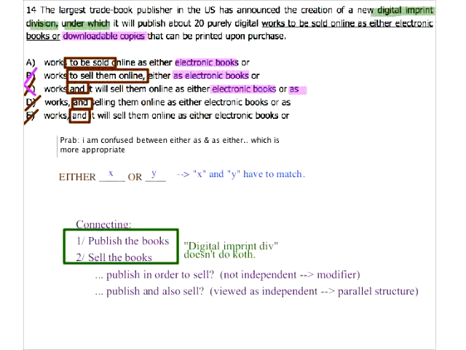In D, either is just followed by electronic books, and or is followed by as downloadable copies. That's also not parallel. And in E, either is followed by books, and or is followed by downloadable copies, so we're fine. So only A and E are parallel in this case, and E we've eliminated already because it uses and where it's not supposed to.